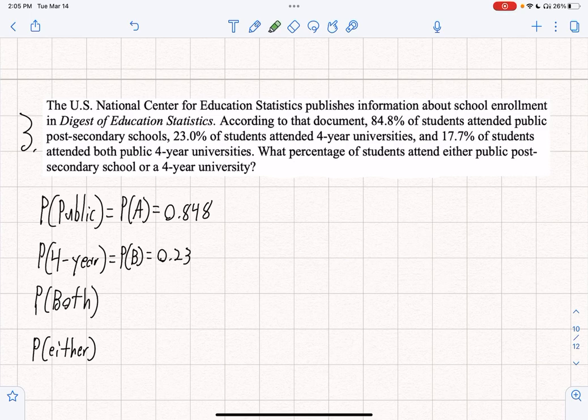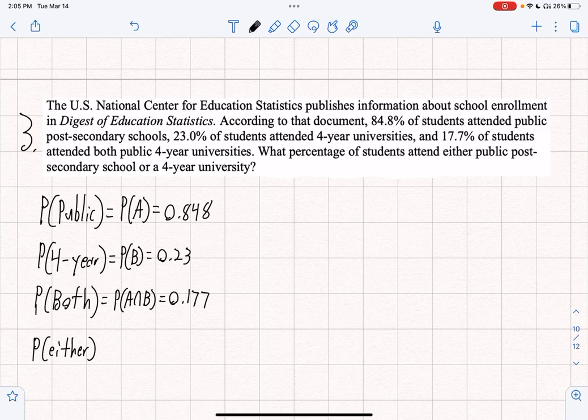Okay, and then we are told that 17.7% of students attend both public and 4-year universities. So here, both, so this would be the probability of A and B. We are told that this is 0.177.